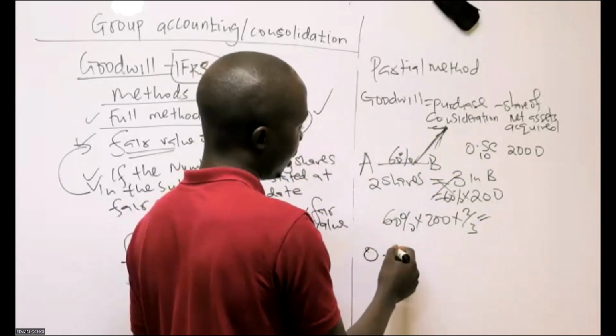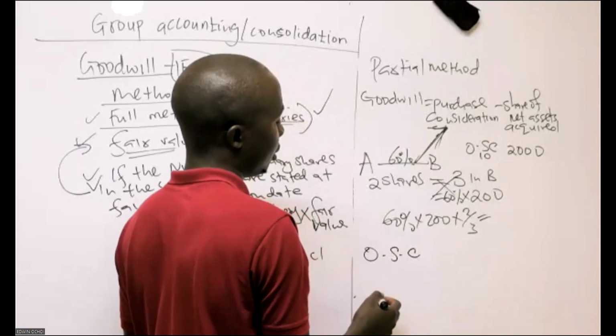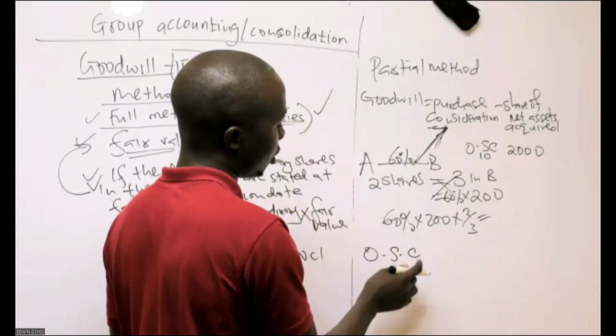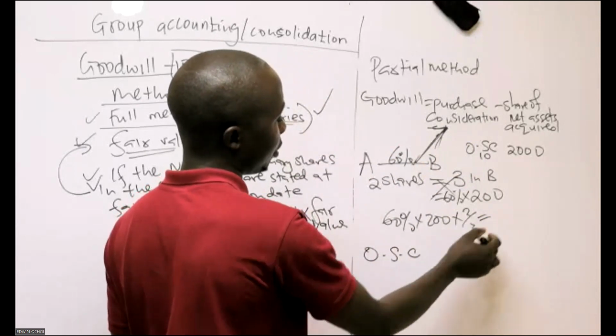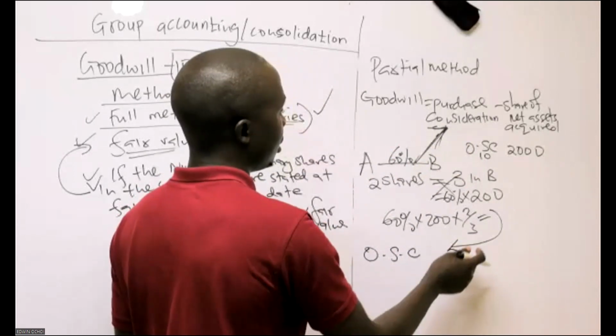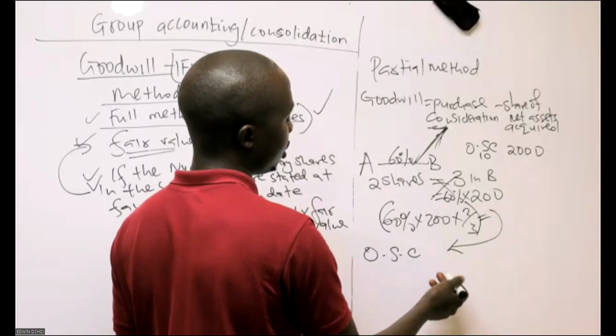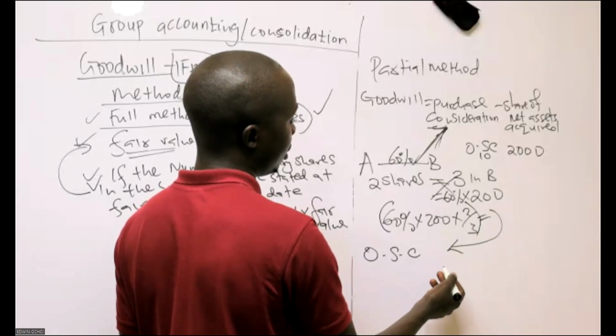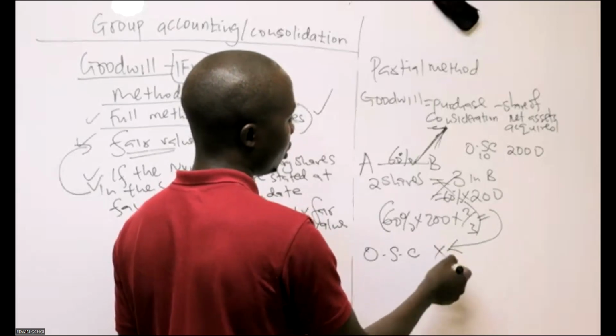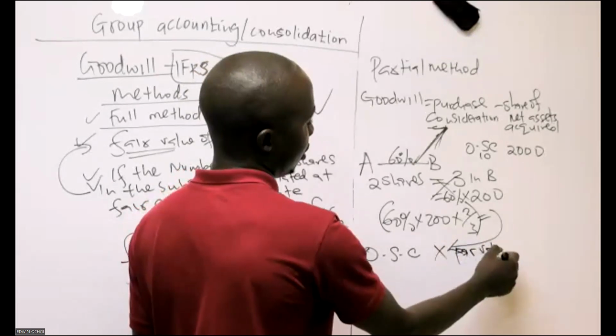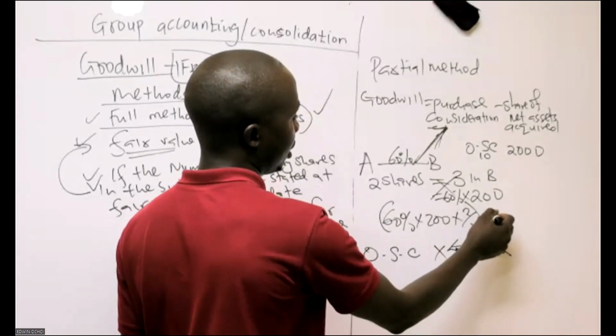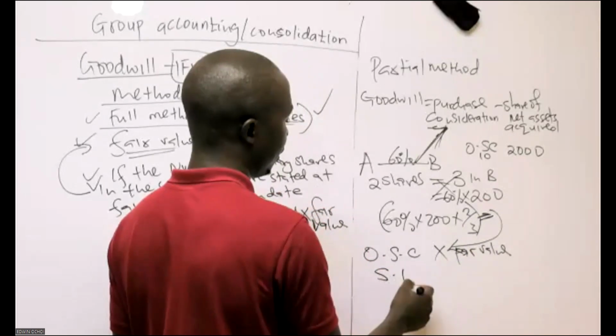Then from there, I go to my ordinary share capital. What I'm getting from here, I multiply with the par value to get my ordinary share capital. And you have to check if there's share premium.